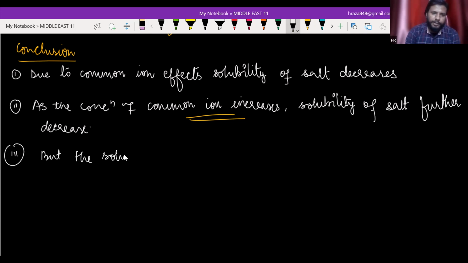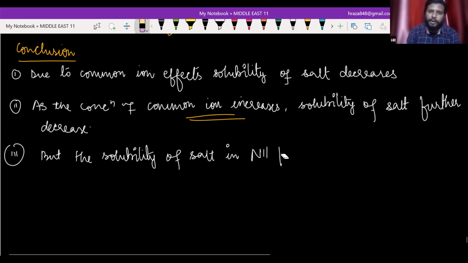The solubility of salt in NH4OH, that means these will produce common ion effect, or NH3.